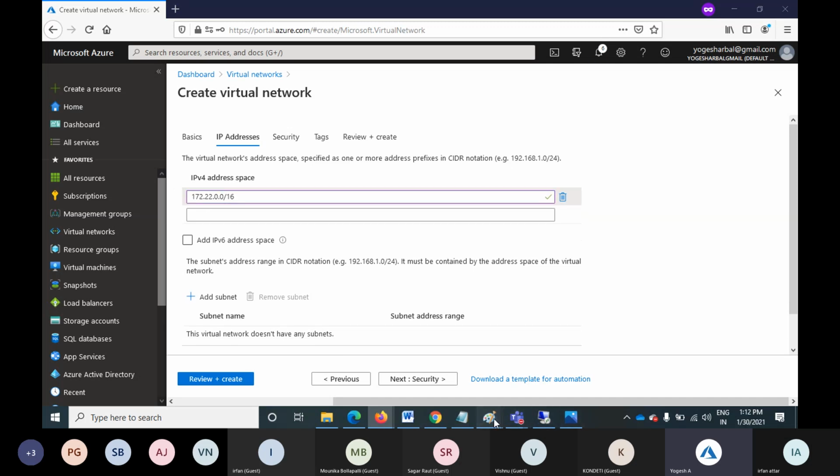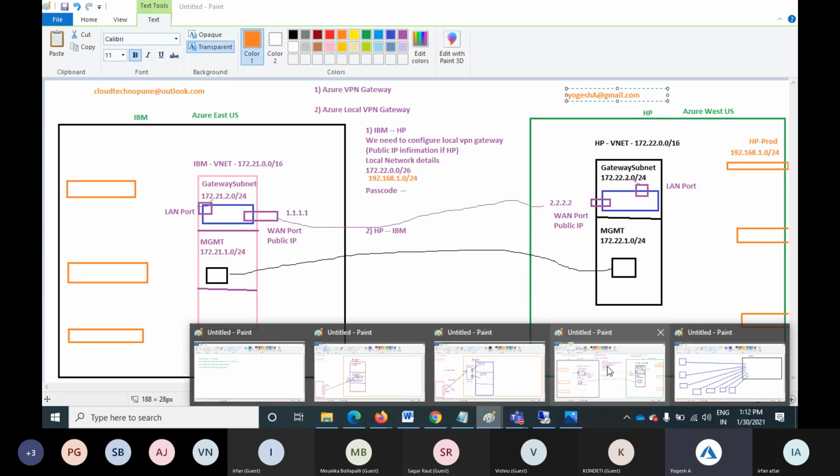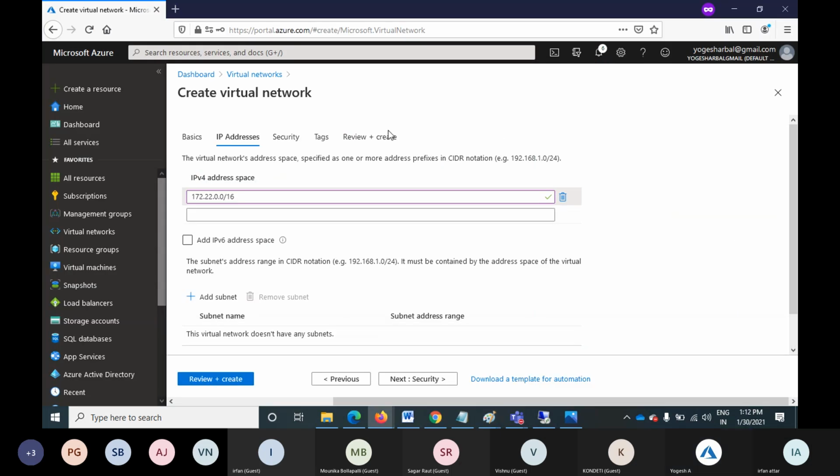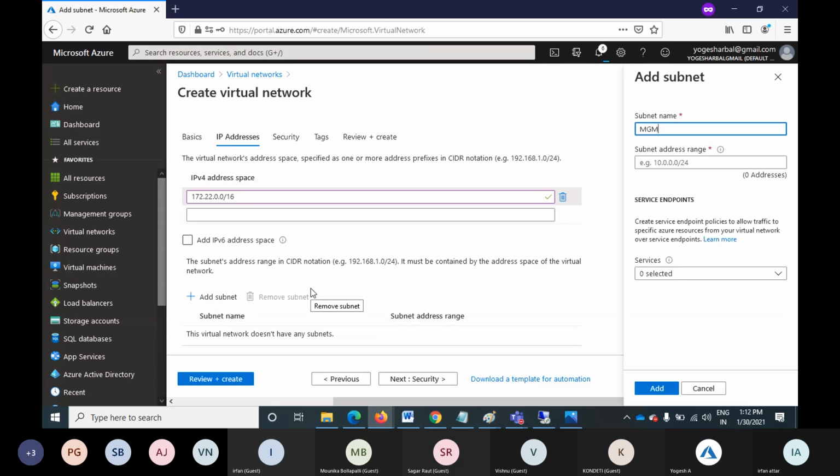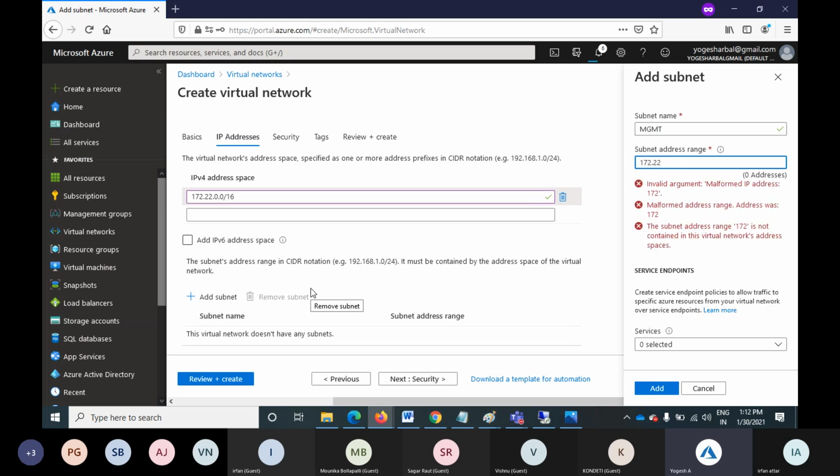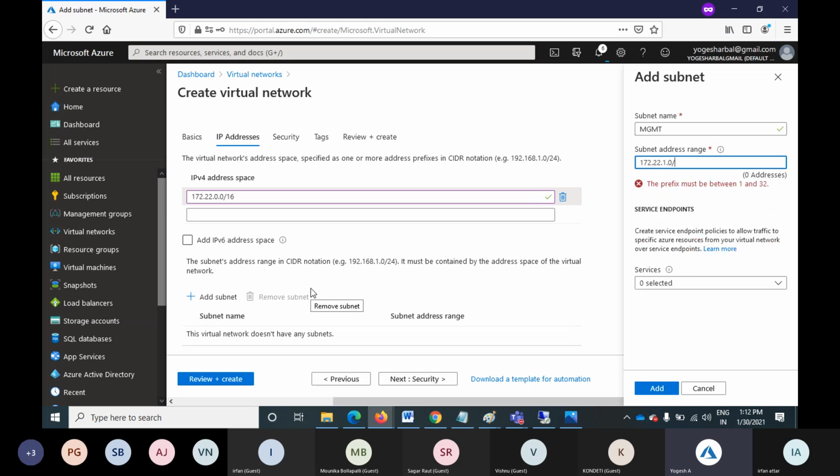Like we are using 172.22. In management, 172.22.1.0/24.